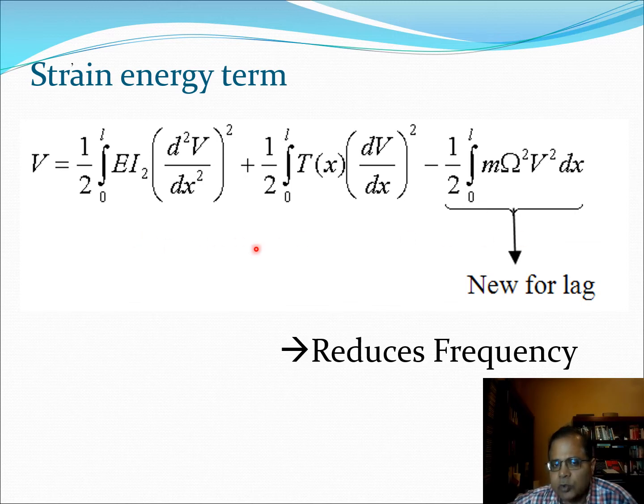So the first two terms are very similar, or in fact the same as those present in the flap problem, and therefore the expressions you are going to get for the corresponding stiffness matrix are going to be the same. However, there is a new term here which is going to create a new component of the stiffness matrix. Remember that V is the source of the stiffness matrix.